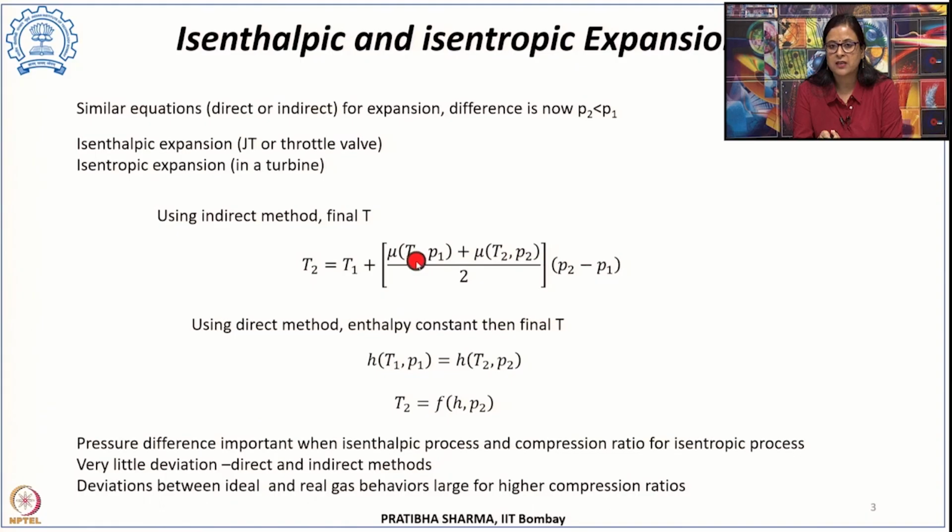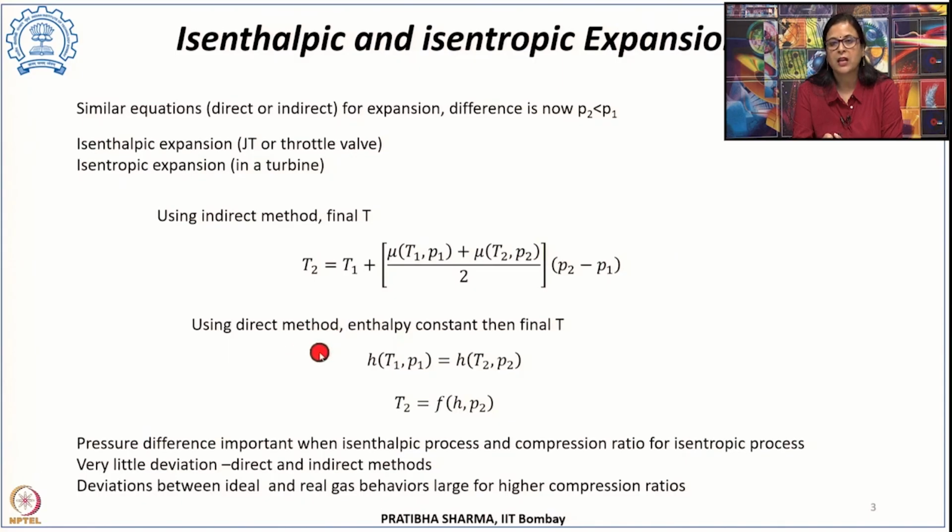The temperature in the initial state was T1 and pressure was P1; in the final state temperature was T2 and the pressure was P2. So, the Joule-Thomson coefficient has been averaged over these two states and is multiplied by the pressure difference during the expansion process. We can also use a direct method to calculate the final temperature.